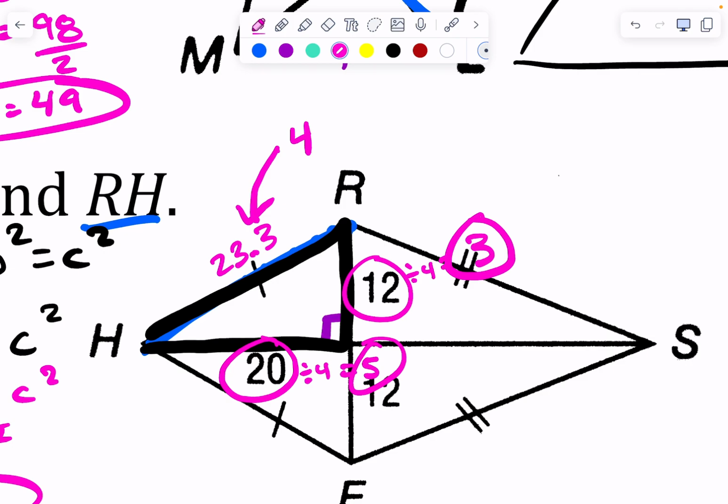The 3, 4, 5 only works if the 5 is the hypotenuse side. This side would have to be 3, this side would have to be 4, this side would have to be my 5 side. So just because one of them's 3 and 5 doesn't mean the other side is necessarily 4. So that was not a perfect triple.